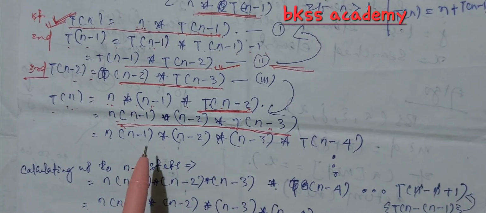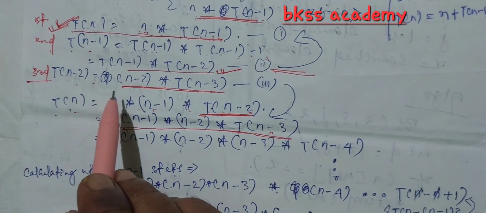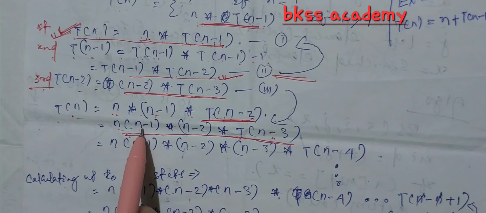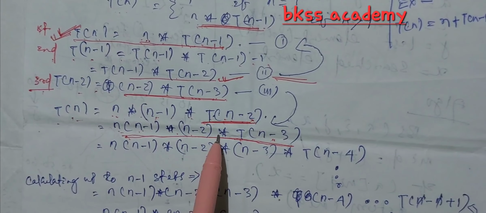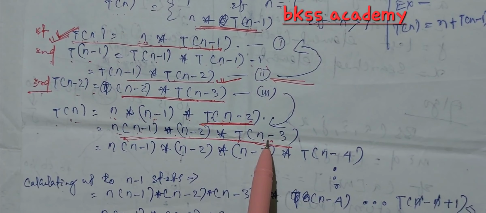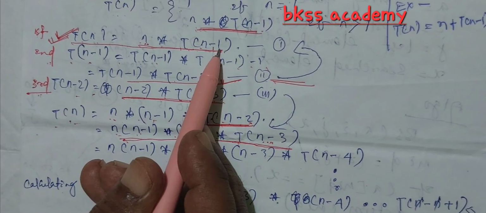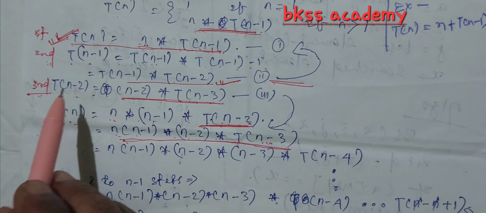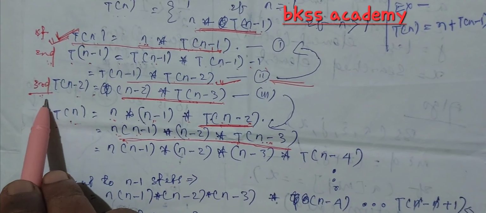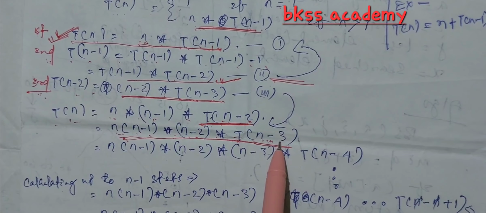So here we can see that in the first step it is n into T(n-1), in the second step it is n into (n-1) into T(n-2), and in the third step it is n into (n-1) into (n-2) into T(n-3).